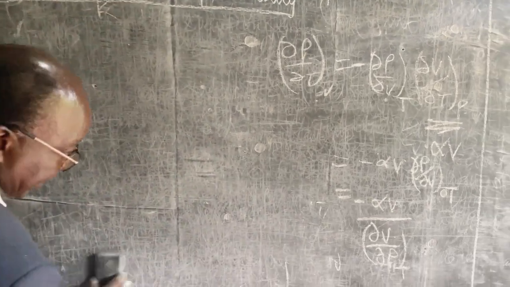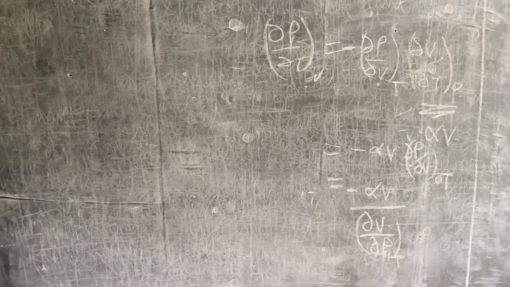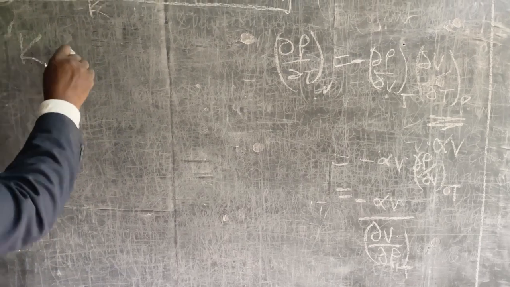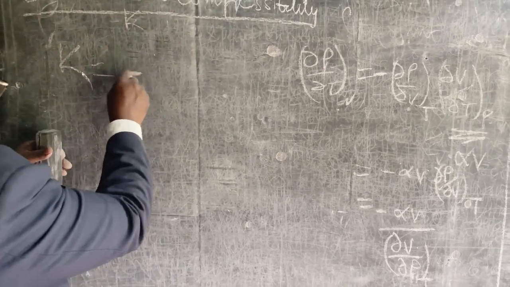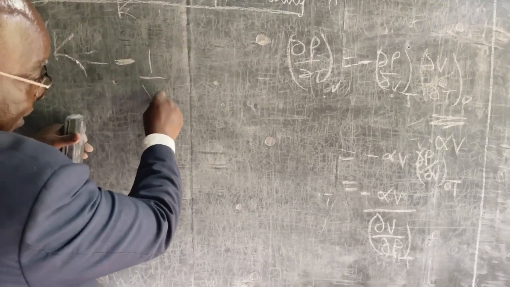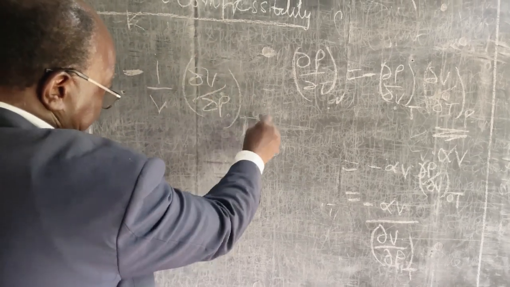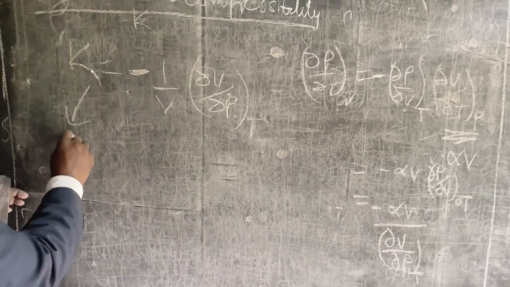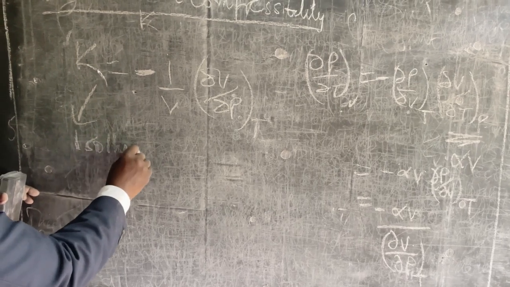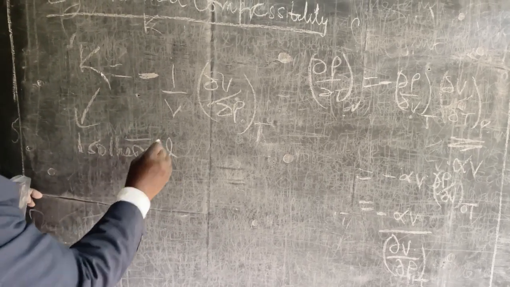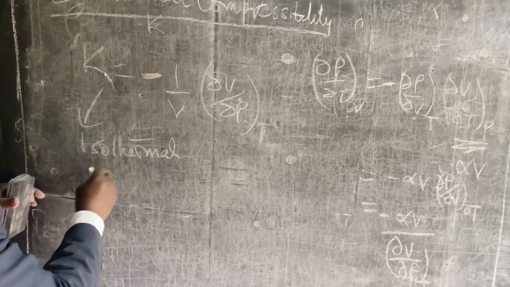Isothermal compressibility. And so we define kappa as equal to minus 1 over V times (∂V/∂P) at constant T. I repeat, that is isothermal compressibility. Another important quantity in engineering and sciences.